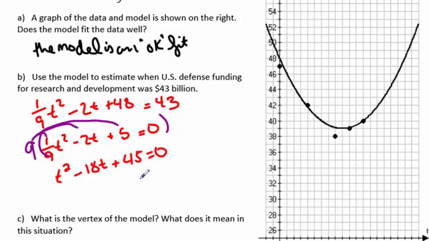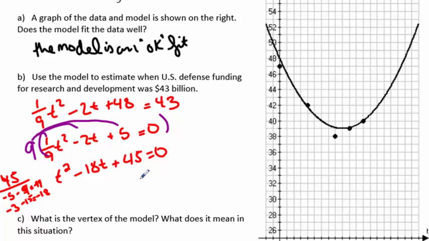For 45, I need two negatives to multiply to a positive 45 and add to a negative 18. So 45 is negative 5 times 9. That's going to add to negative 14, so it's not going to work. 45 is 3 times 15, so negative 3 and negative 15 add to a negative 18, so that pair will work.